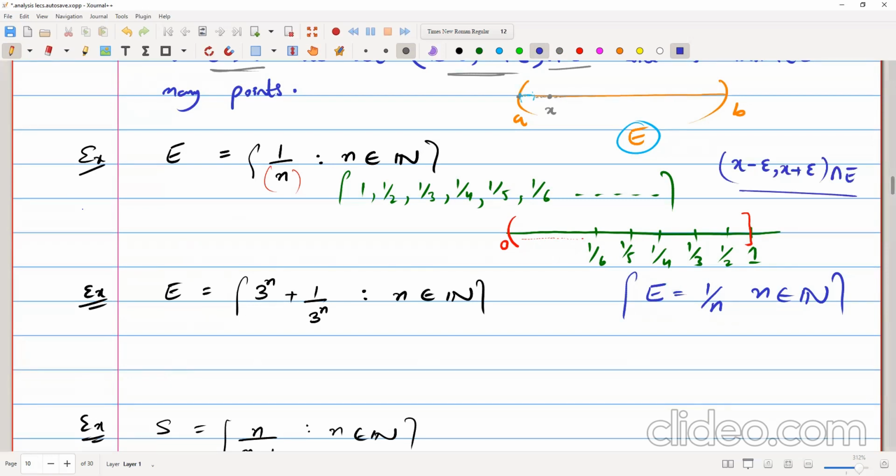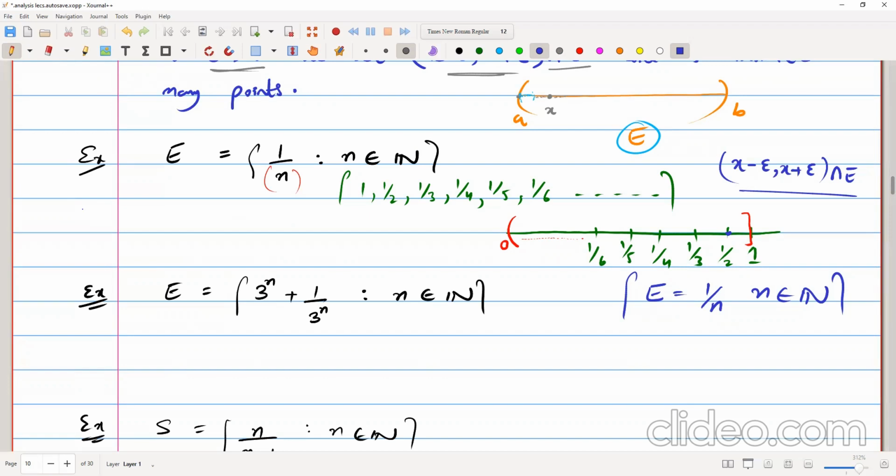Okay, so if we take this point, let's suppose 1 over 2, and if we want to look at the neighborhood, are there infinite points? There are not infinite points. In fact, in the neighborhood there are gaps, there are no points in the neighborhood. So we have 1 over 3 on the left side and 1 on the right side.